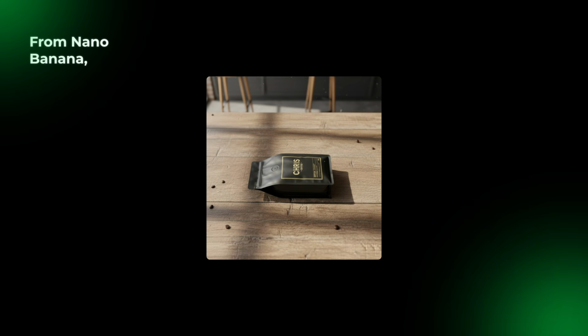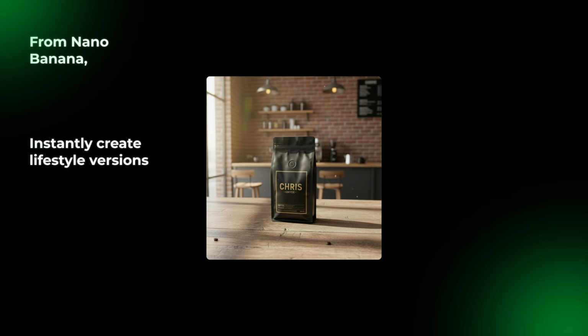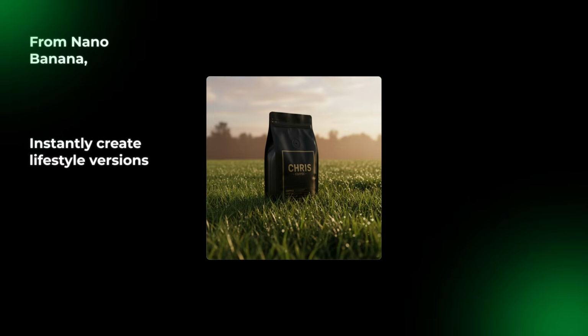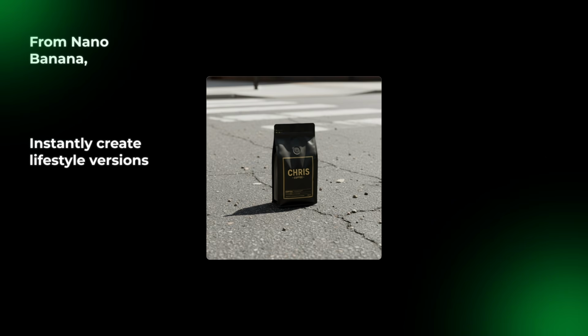Well, with Nano Banana, you can take that plain photo and instantly create lifestyle versions. Put the coffee bag on a cafe table surrounded by croissants and a latte, change the angle so it looks like a flat lay shot, add dramatic lighting, and create multiple variations so the brand has options for their website, Instagram, or ads.